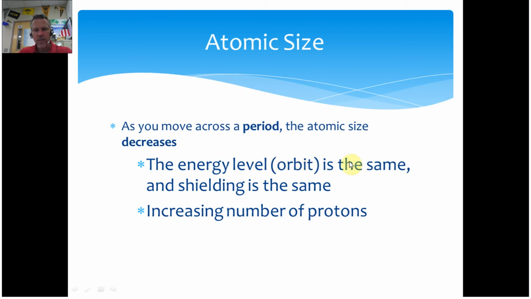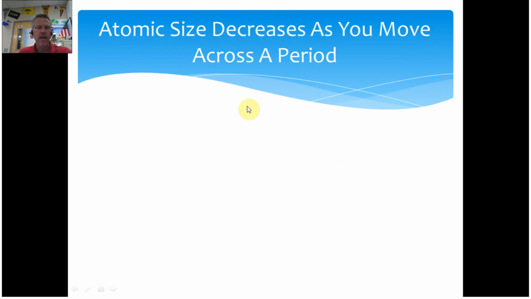So the energy level is the same and the amount of shielding is the same, but you have increasing number of protons in that nucleus as you move from left to right. And those increasing number of protons represent a bigger and bigger pull on the negatively charged electrons. So that means that the electrons are pulled closer and closer to the nucleus as the nucleus gets more and more positive charges inside. So let's take a look at a graphic for that.